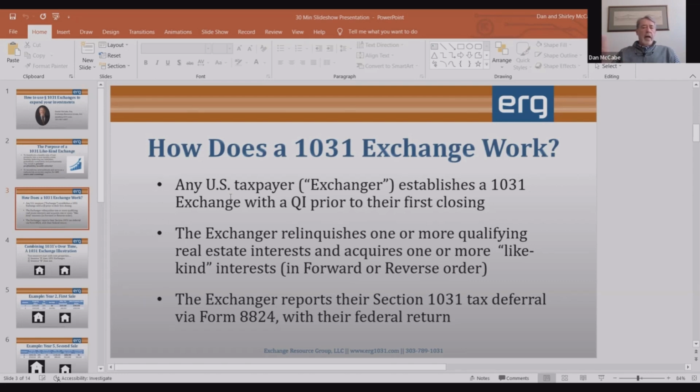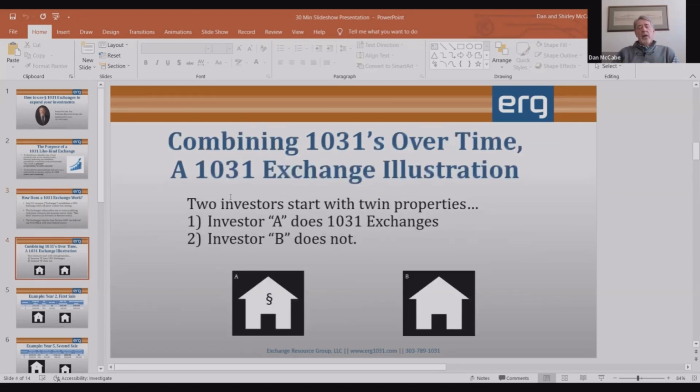And that big computer out in the middle of the Utah desert someplace has to align those two. And so that's why the exchanger that sells must be the exchanger that buys. The social security or tax ID number that sells must be the same as the tax ID number that buys.